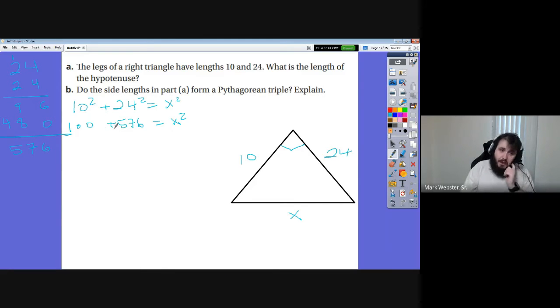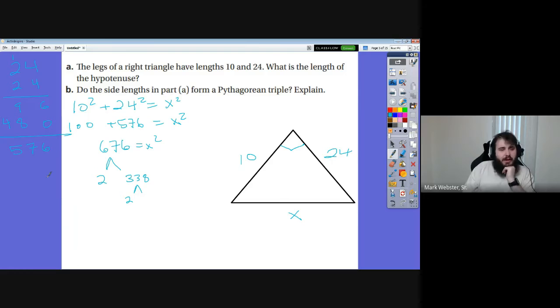All right, so we add them up, we get 676. All right, so I know a 2 goes in here, which is great. Half of 676 is 338. Yeah. 2 still goes in, that's great.